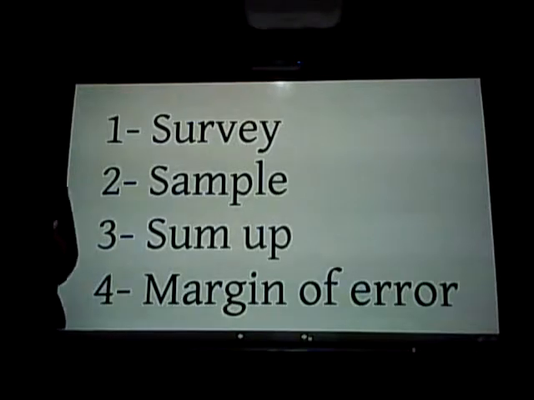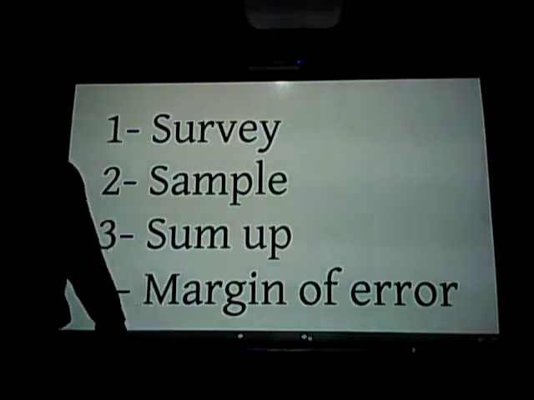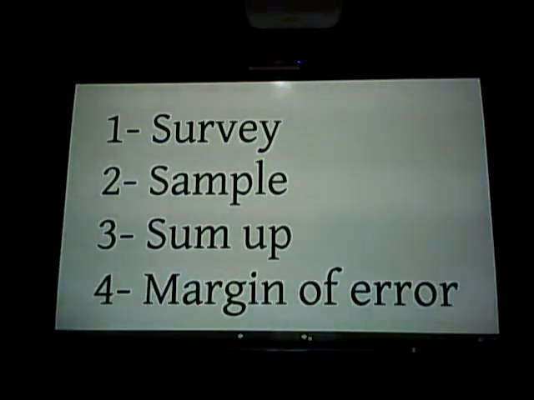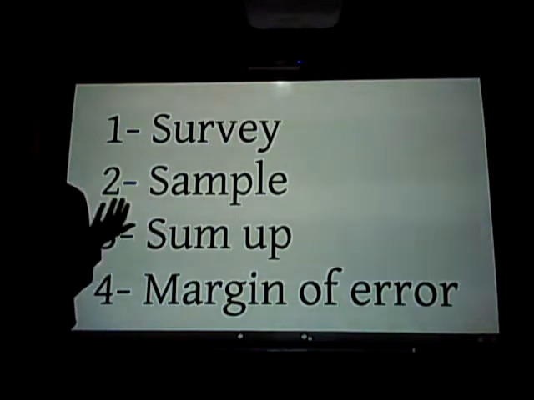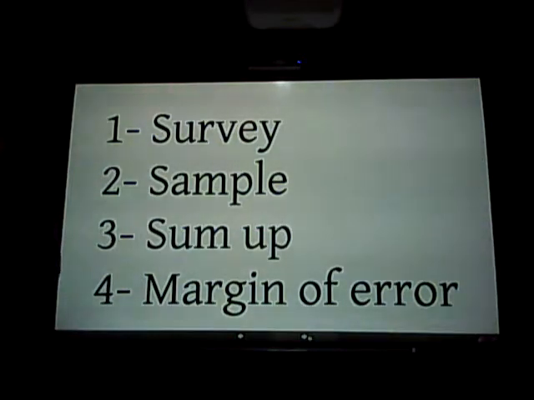Let's say you were interested in how people in the city of Richmond were going to vote for mayor, right? Are people in Richmond going to vote for the Republican candidate for mayor, or are they going to vote for the Democratic candidate for mayor? Okay? And let's say that the city is 70% Democrat and 30% Republican.